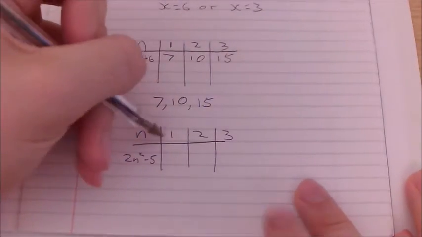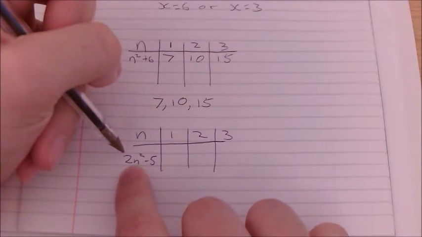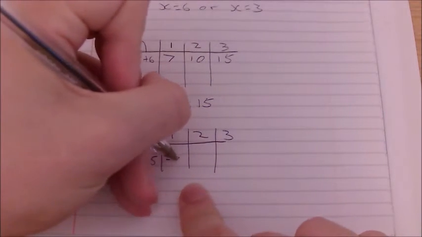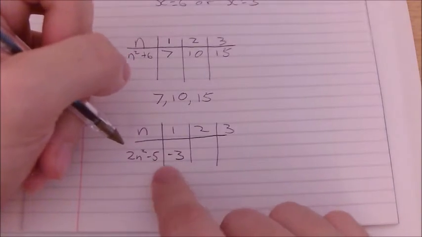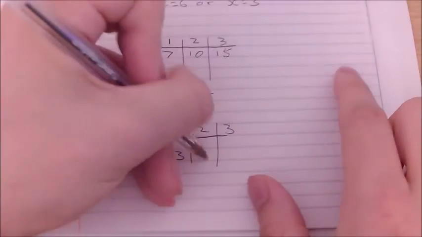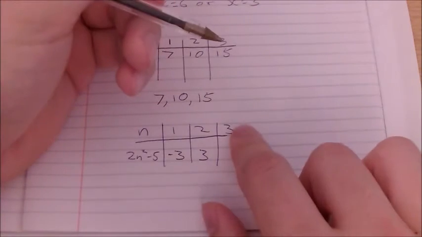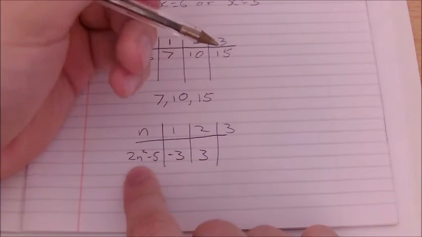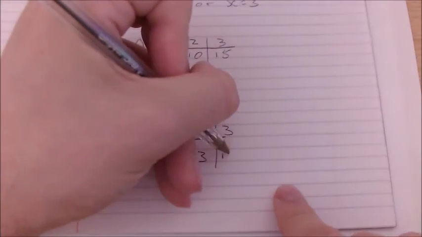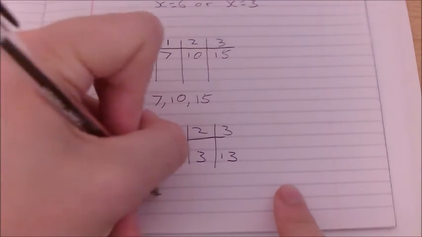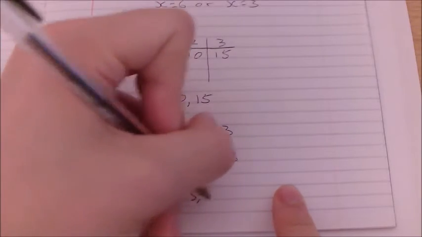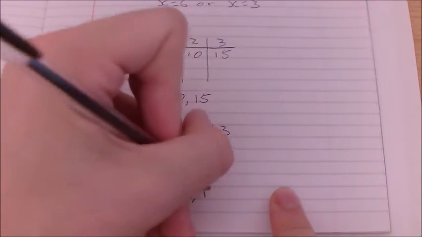So 1 squared is 1 times by 2 is 2, take away 5 is minus 3. 2 squared is 4 times by 2 is 8, take away 5 is 3. 3 squared is 9 times by 2 is 18, take away 5 is 13. Yeah, that's right. So the first three terms are minus 3, 3, and 13.